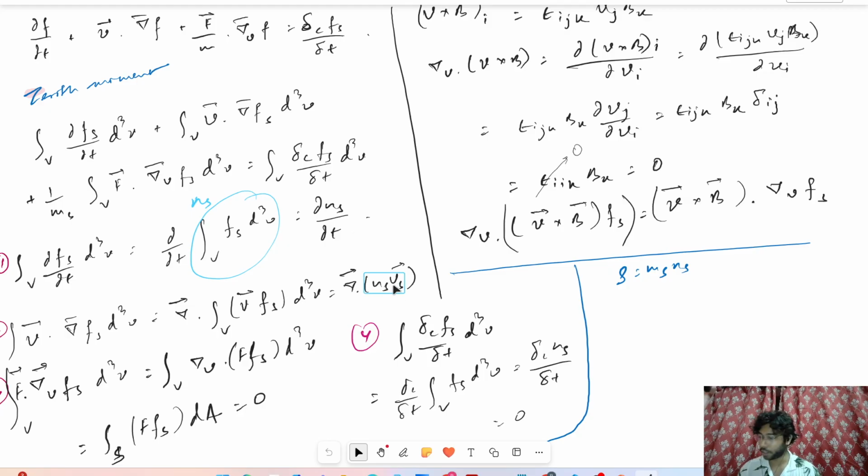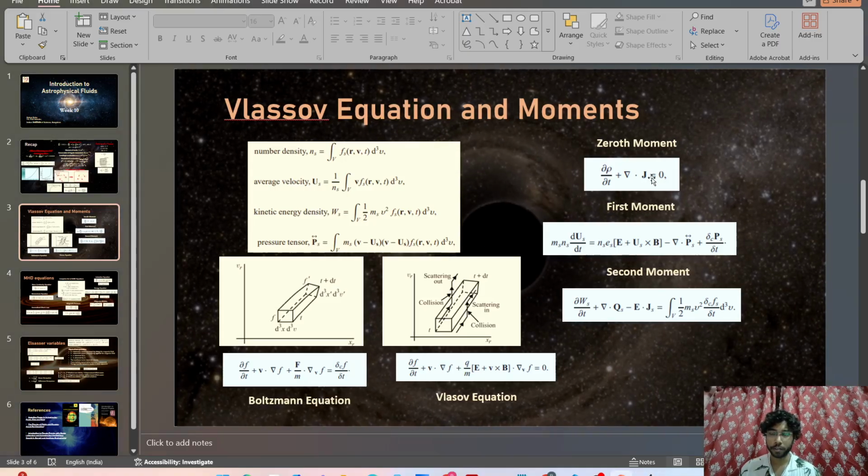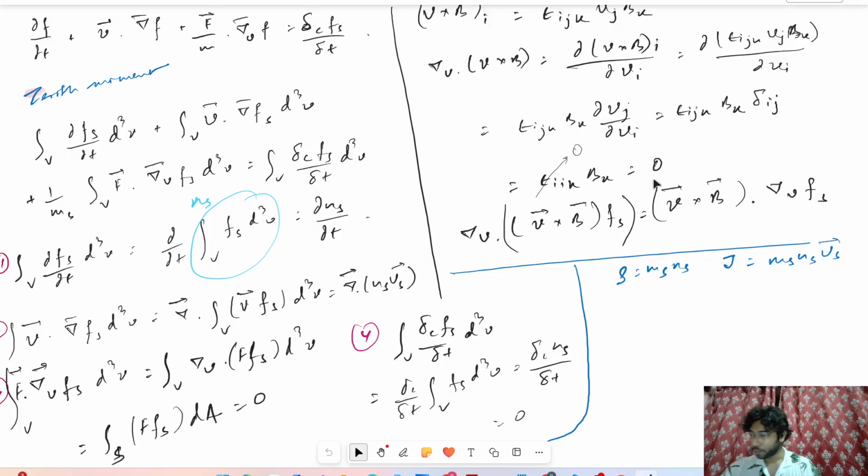And this is just the current. The current is defined as ms ns Vs. So this is the current. So the equation just becomes del rho over del t plus del dot j equals 0. That is how the zeroth moment equation gives us the continuity equation, right?